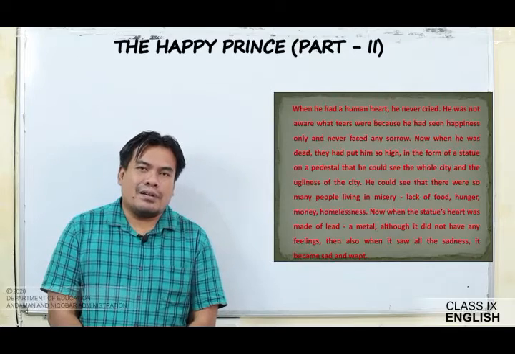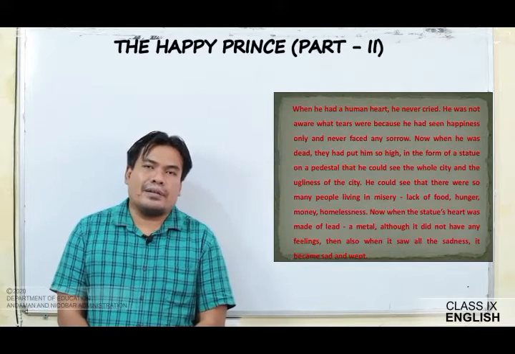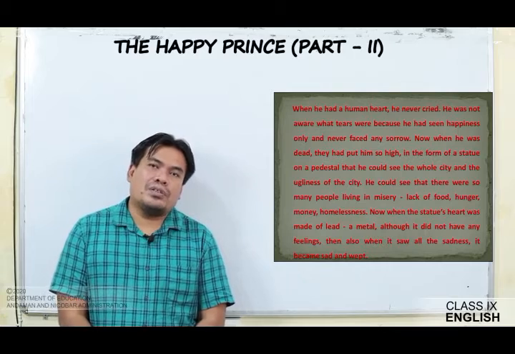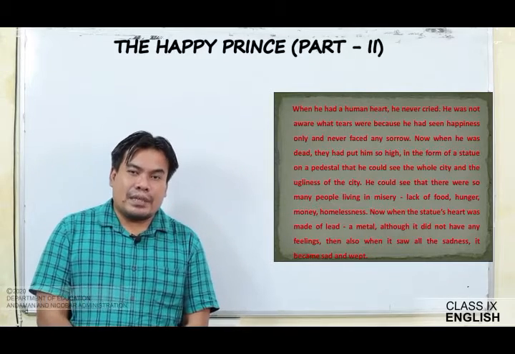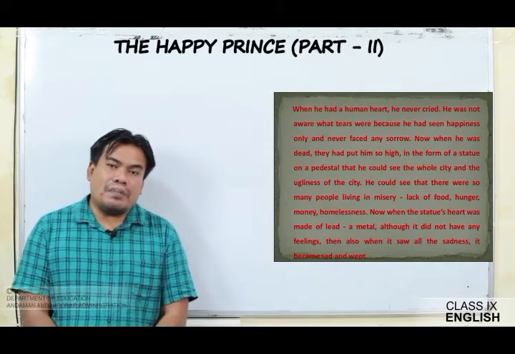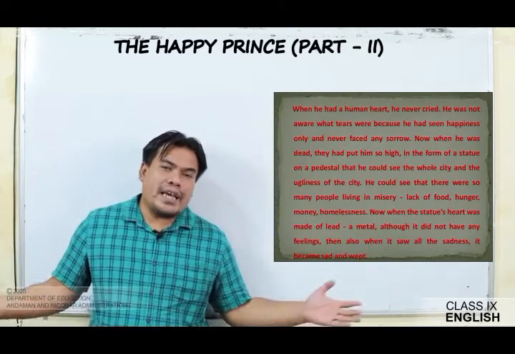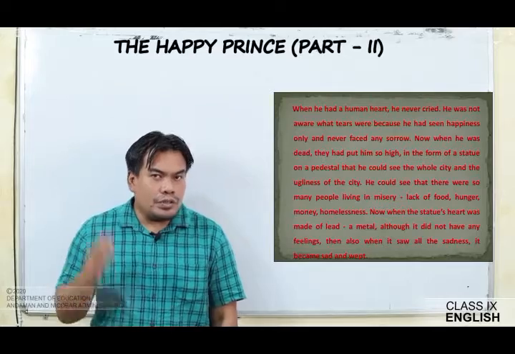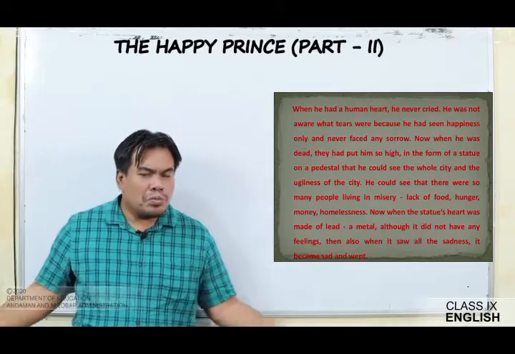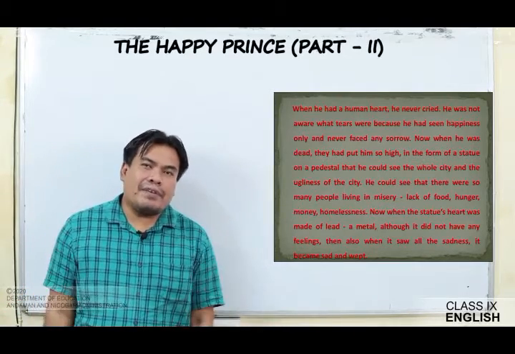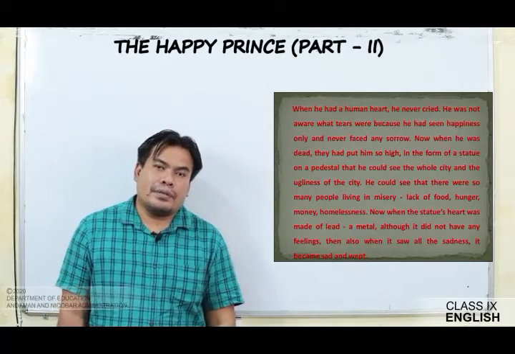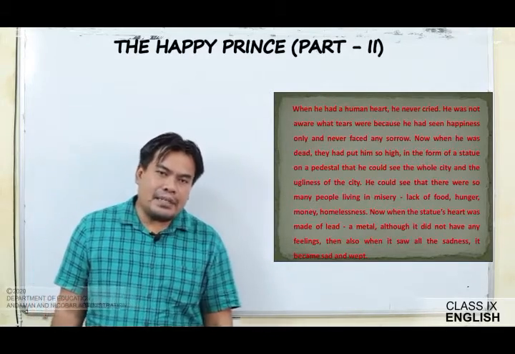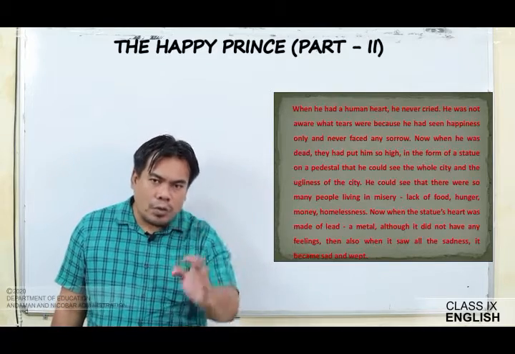Of course, why would he be crying when he was the happy prince, when he was alive? He was not aware what tears were, because he had seen happiness only and never faced any sorrow. He was never sad when he was alive, when he was a human being.